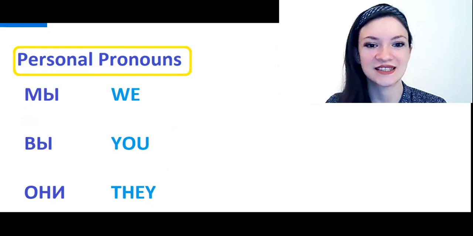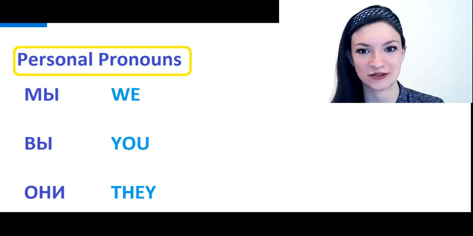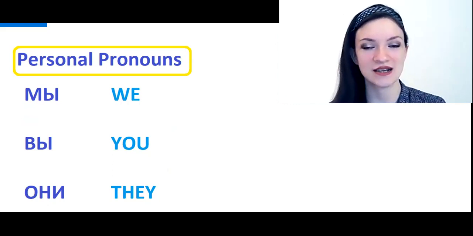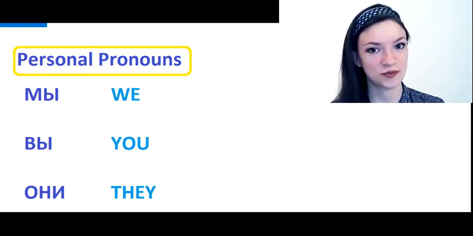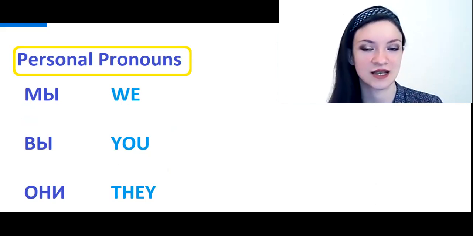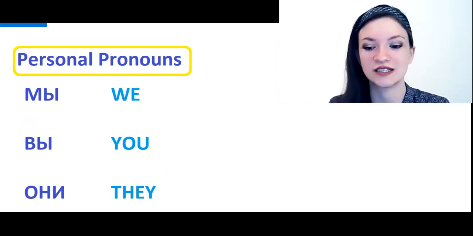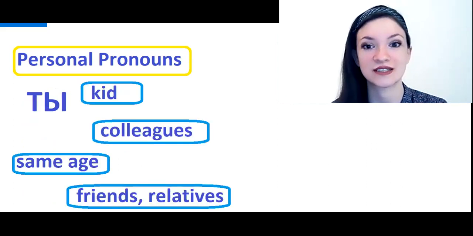And obviously now we are going to talk about plural pronouns in Russian. So мы means we, вы means you plural or polite form, and они, they. And now let's talk a little bit more about the personal pronoun ты.